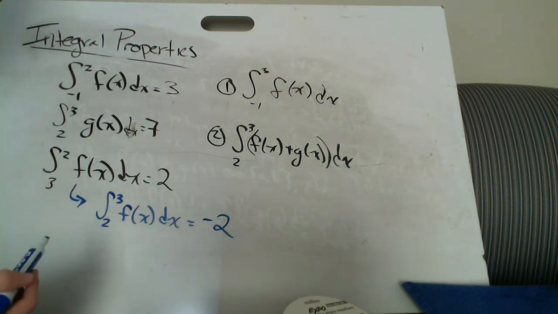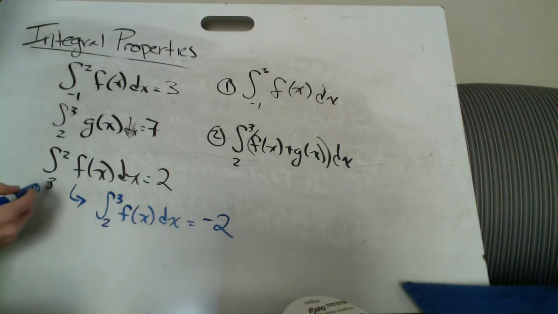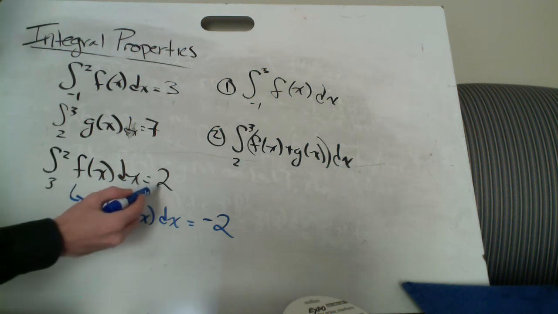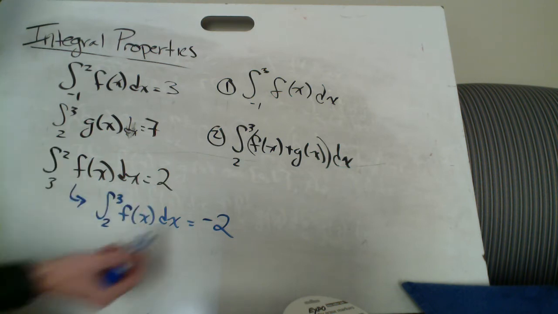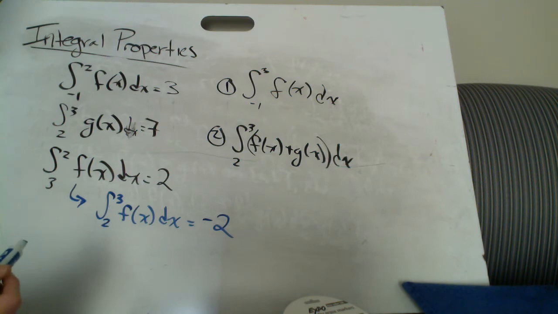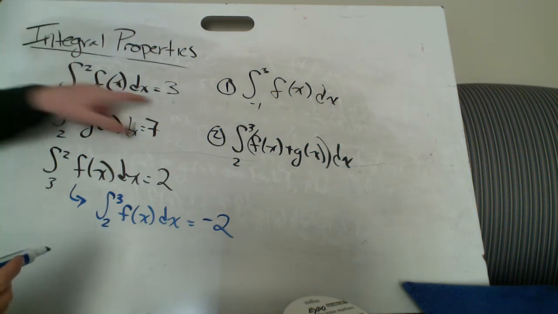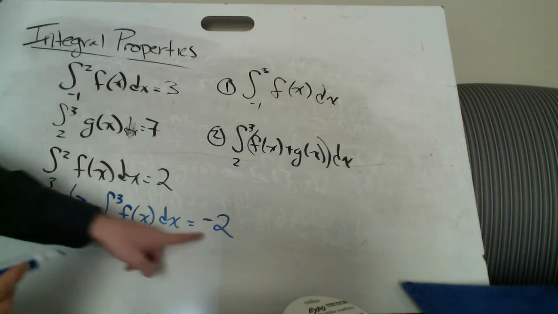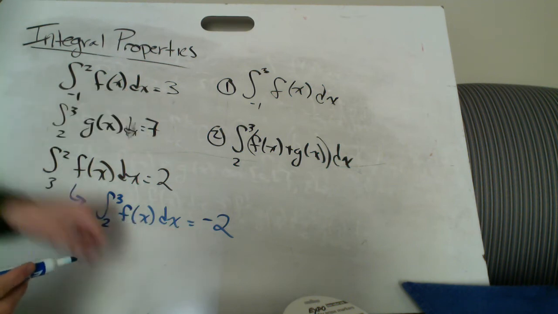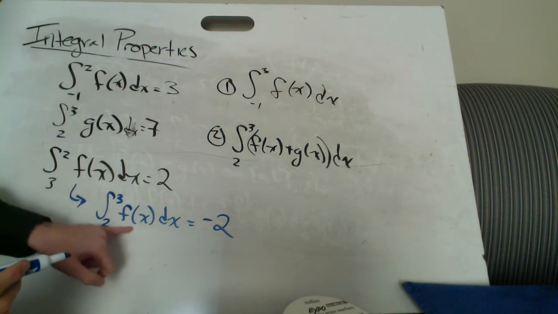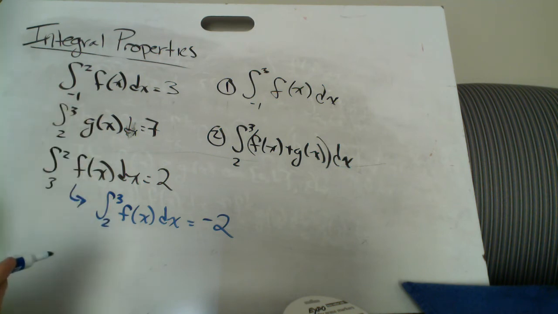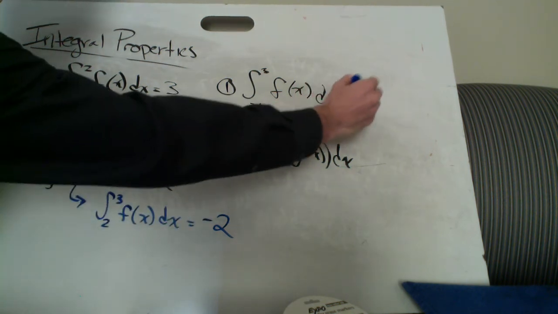The only difference is the minus sign, right? Here I'm going from right to left, and I got 2. So if I'm going from left to right, I should get the opposite of 2, which is -2. Great. If from -1 to 2 I'm at 3, and then from 2 to 3 I'm at -2, I can add these two things together to get me from -1 all the way to 3. So that answer should be 1.